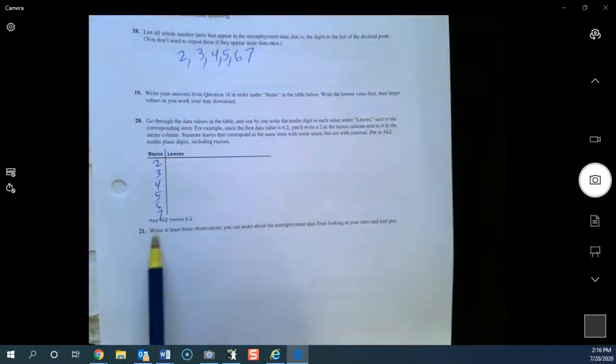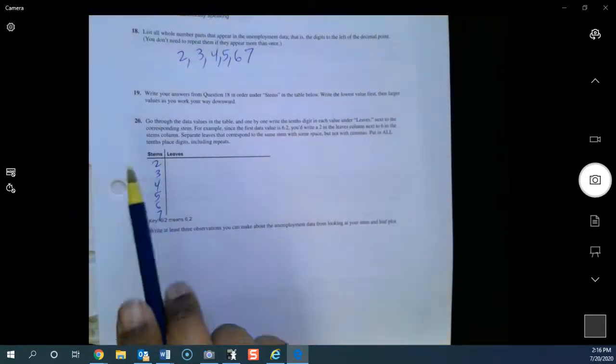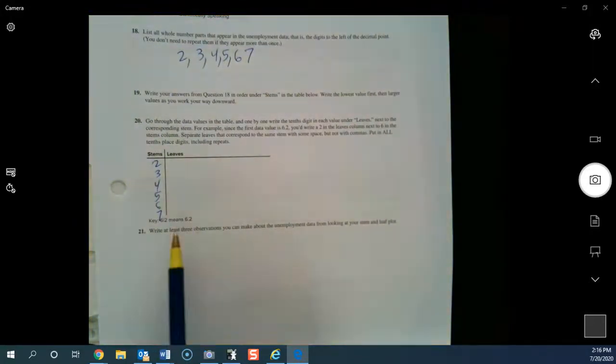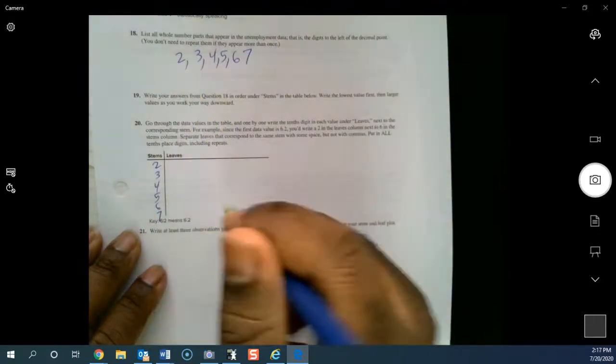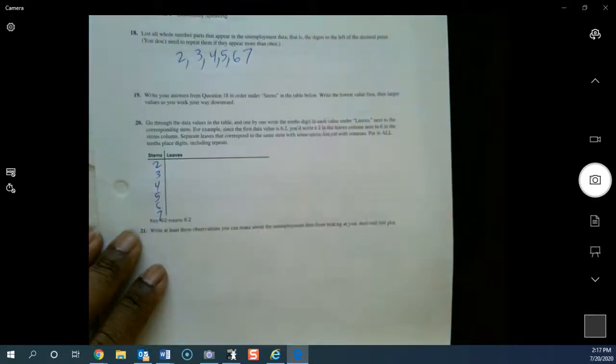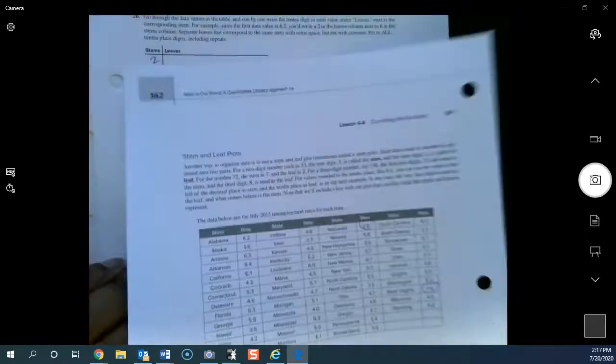Now the key tells you here, this 6 | 2, the 6 is the stem, the 2 is the leaf, means 6.2. So now, here comes a critical part, and I'm going to just give you the answer because that is a lot of data to go through right now. The leaves are all, if we look at all the numbers that are 2s, and I'm going to show you this here, all the numbers that have the ones place as a 2.